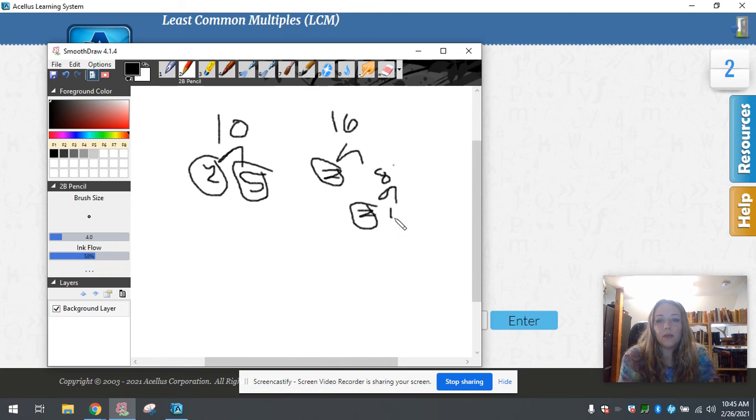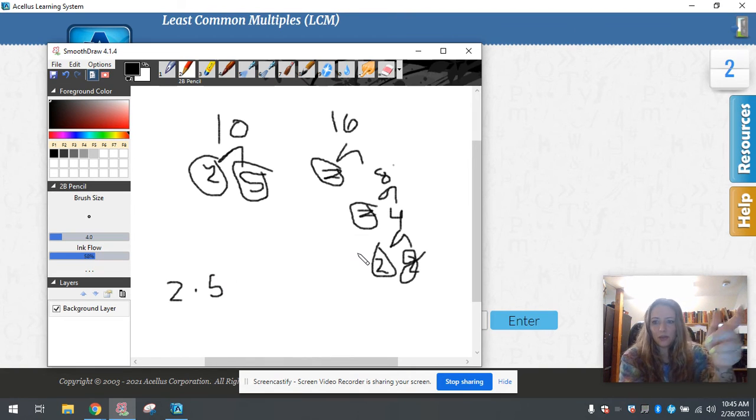Keep circling my primes. 4 is even. Divide by 2 again. Okay, so I factored down to my primes. So here I've got 2 times 5 on my list. Now this one I have just a whole mess of 2's. I have 2 to the power of 4.